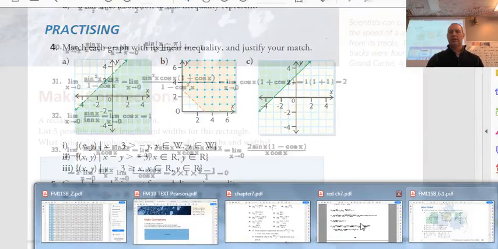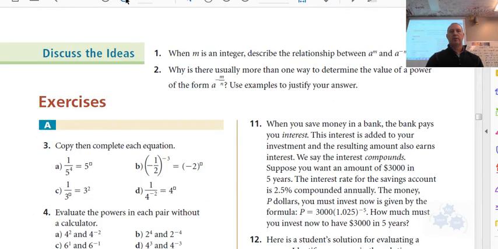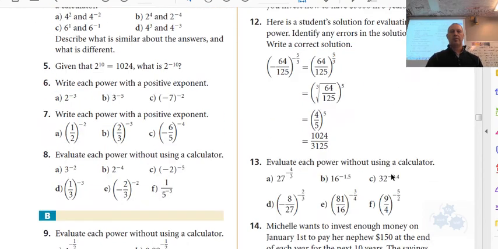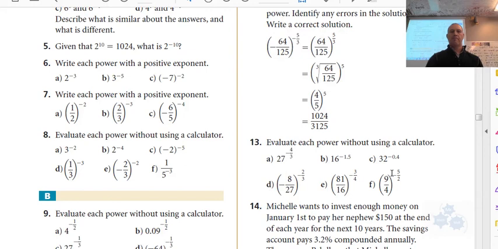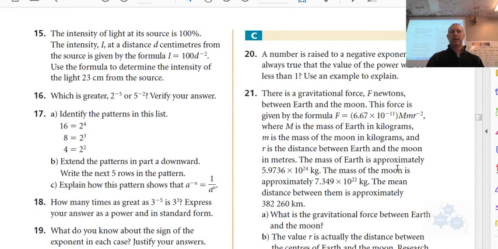I'll show you a little bit of this textbook here. So if you're at home and need to see these questions here on the video, then I'll just show them up here for you, okay? Here's the first 4. And there's some more word problems on the next page here.